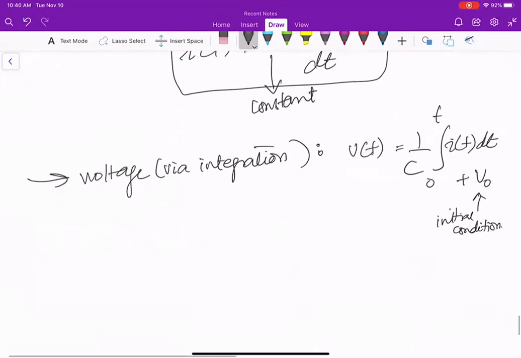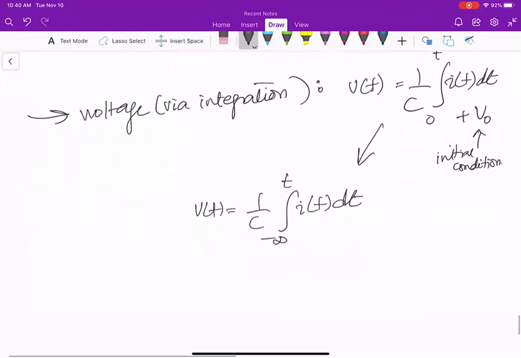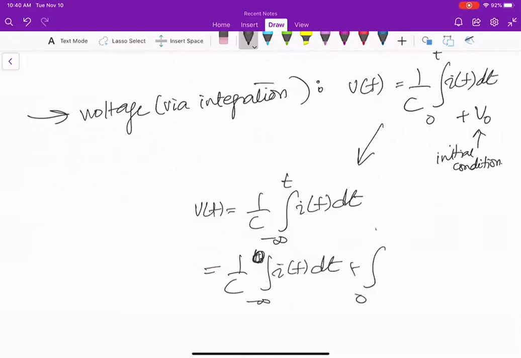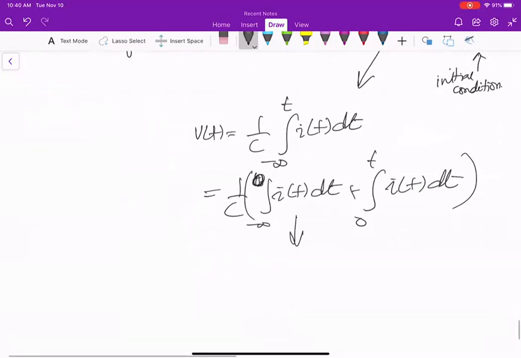Or you can also write this as, and when you segregate this, it will become 0, and this represents the initial condition before 0 time.